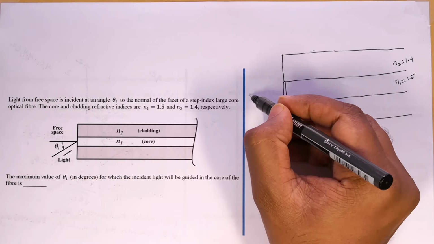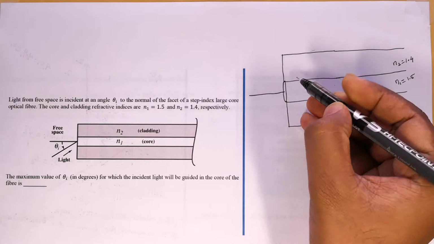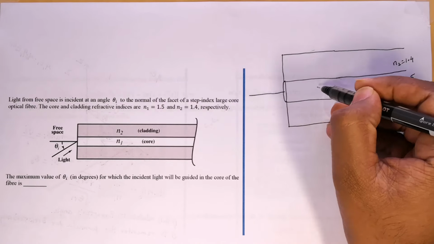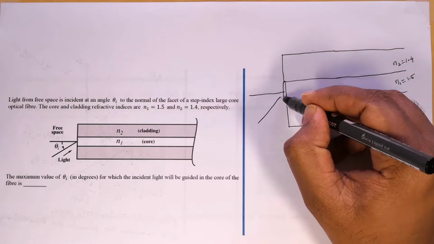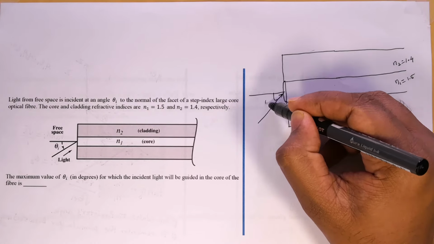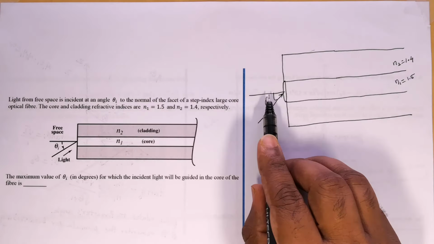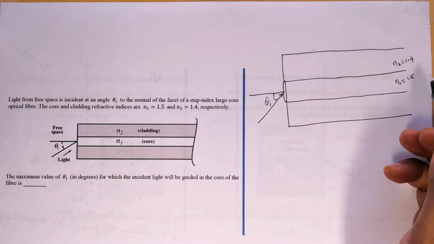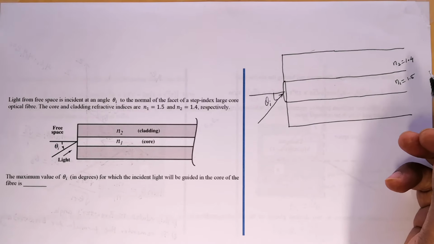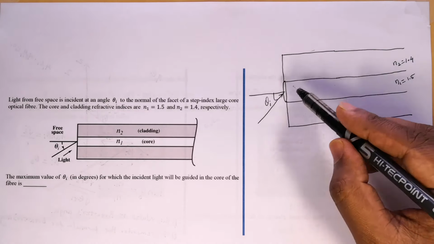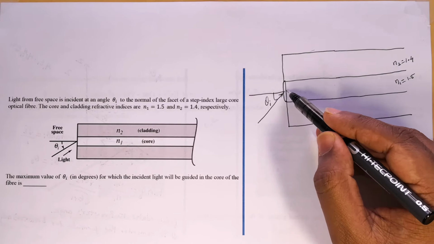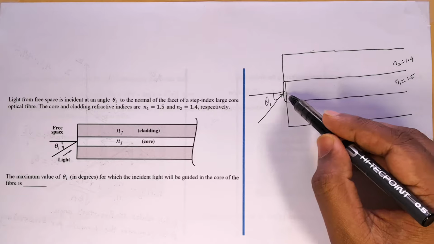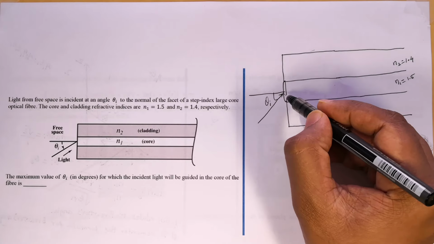So what you have to find is the maximum angle of the light incident on the optical fiber for which the light is guided inside the optical fiber. The basic principle of optical fiber light guidance is that the light incident on the core has to undergo total internal reflection. Let me draw that.